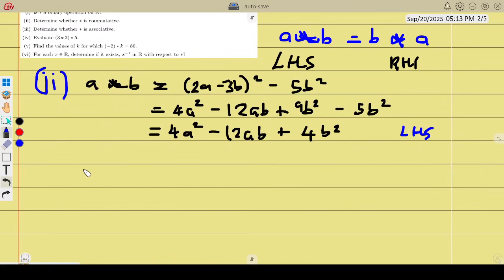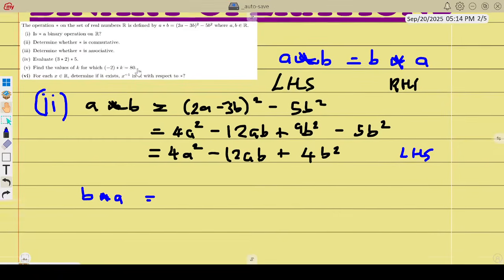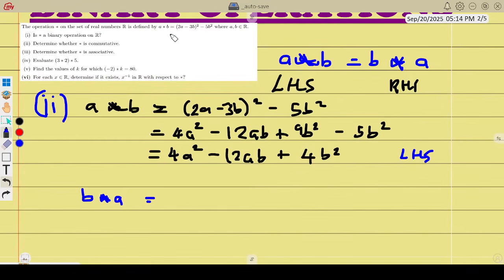For the right hand side, we have B star A, meaning here we start with B. Instead of writing 2A, we start with 2B.